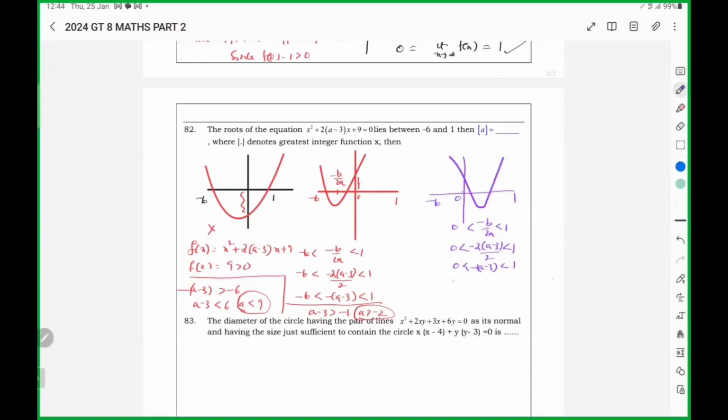So 0 greater than a minus 3, a is less than 3, or a minus 3 greater than minus 1, a greater than 2 or less than 3. And common condition for all of them, discriminant greater than 0: minus 4 times 9 greater, that is a minus 3 whole square greater than 0, a into a minus 6, a less than 0 or a greater than 6.